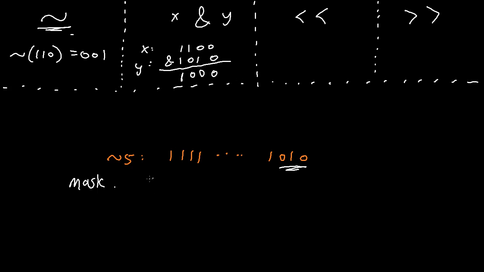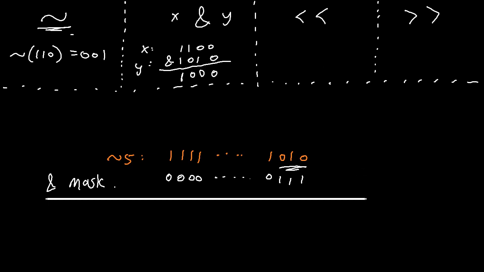Well, we're going to AND it with our mask. We'll craft our mask to look like zeros everywhere except for the last 3 bits, which we care about. So when we do this operation, we get 0, 1 and 1 becomes a 1, 0 and 1 becomes a 0, and because we've set these to 0, we know that these are all zeros.